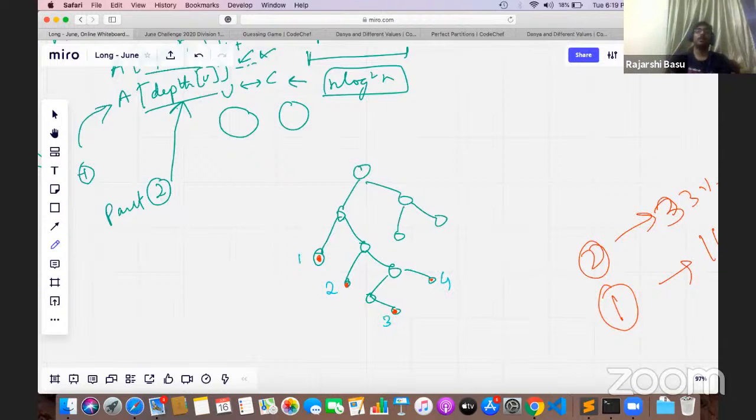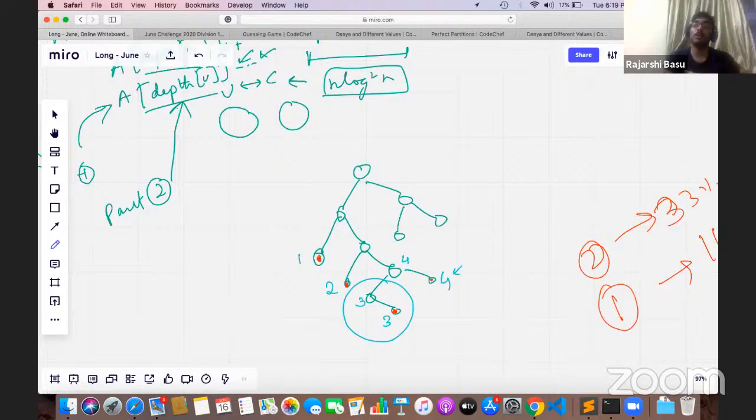Now, for every node, we want to find its representative element. For this node, 3 is the representative element. For this node, 4 is at a higher depth, so 4 is the representative element here. And this was the heavy child.